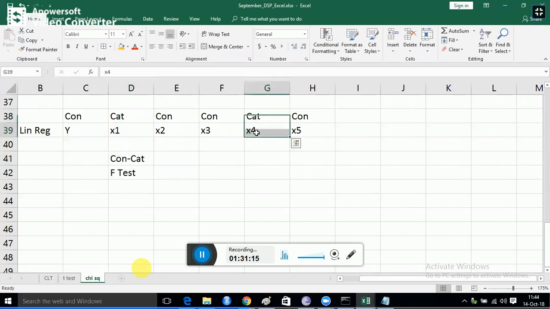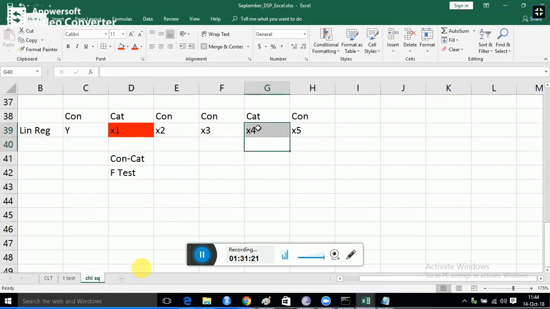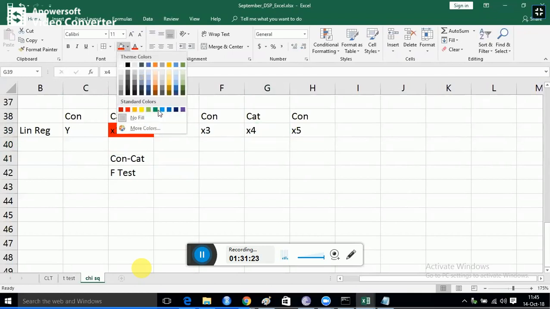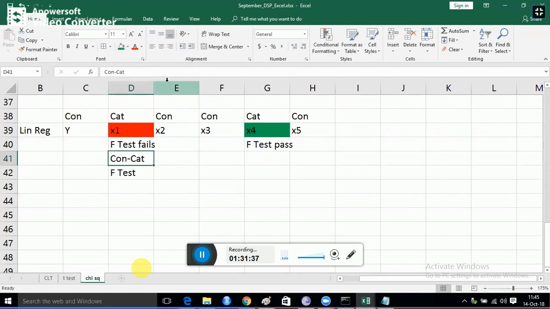I'll only consider x4 for my equation. This I'll not consider; this I might consider if my F-test is passing. F-test pass here, F-test fails here. I'm not considering x1, I'm considering x4 instead.